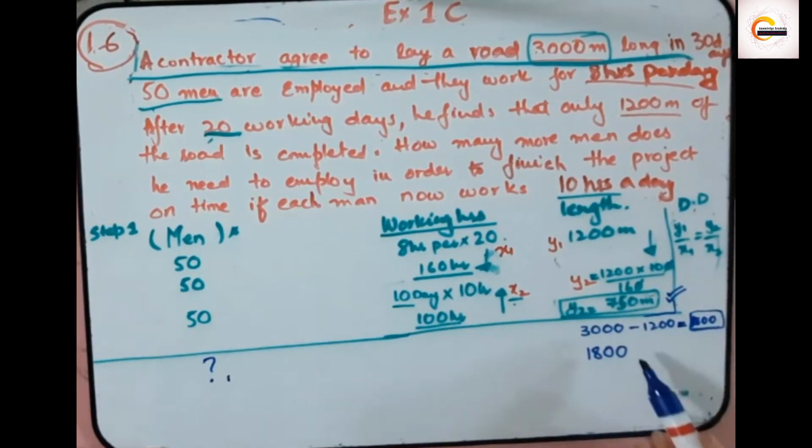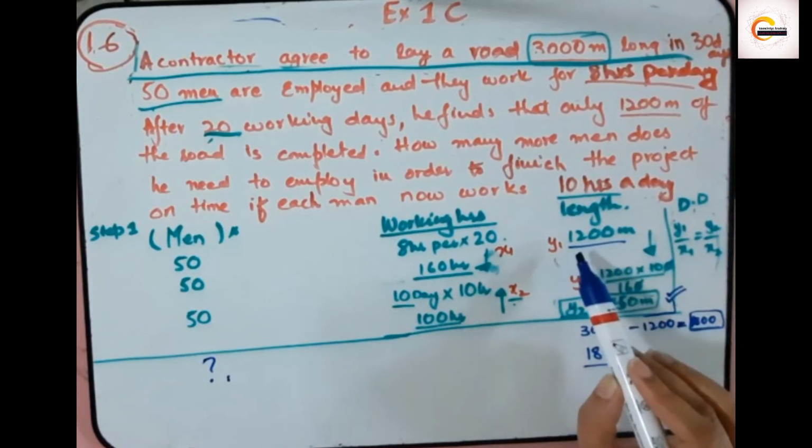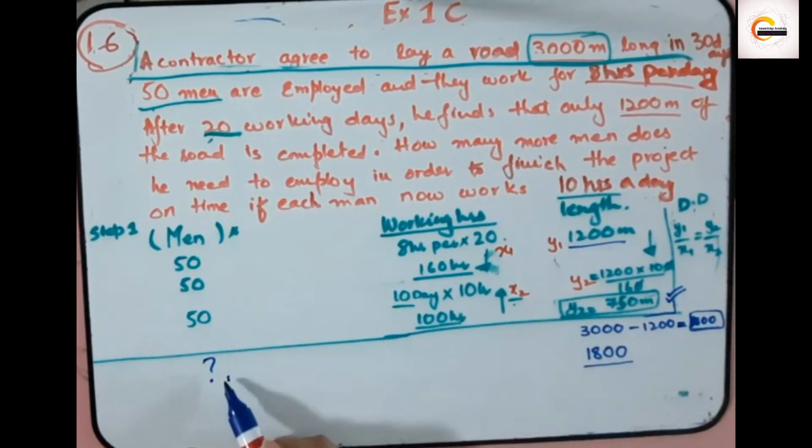So we took out our required meters, and then we will check how many men we need to employ. So 1800, 3000 minus 1200, which is the already built length. So 1800, and we need to find out how many men are required.